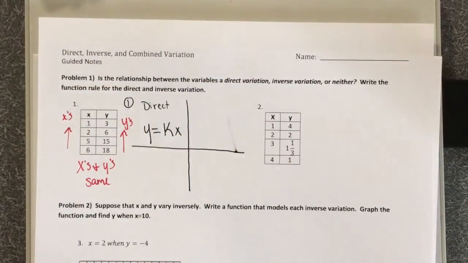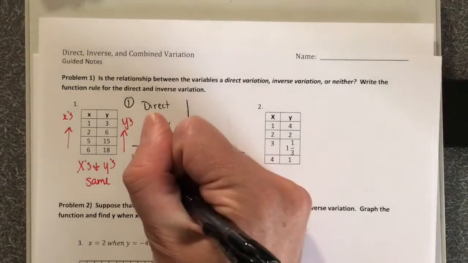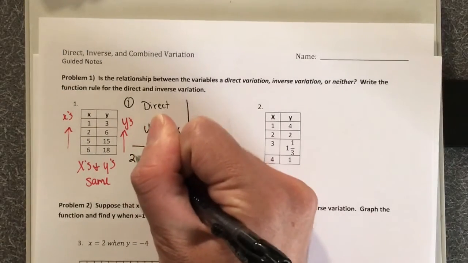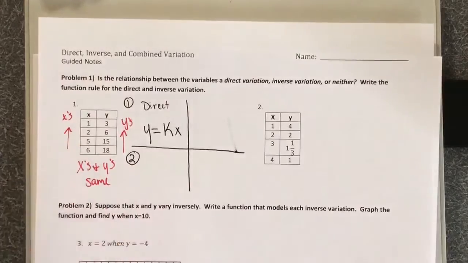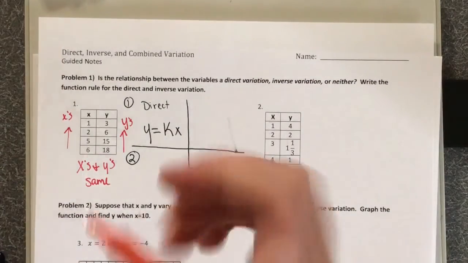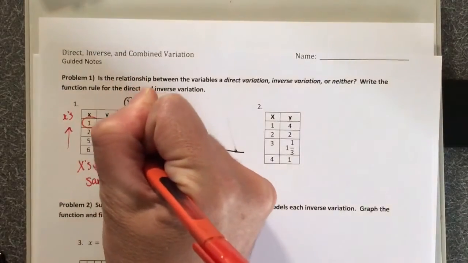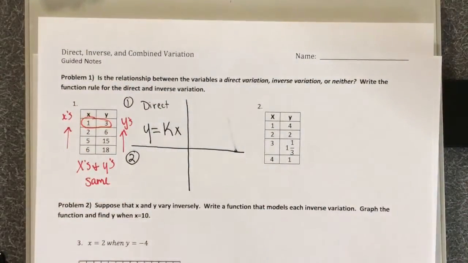Now we need to find out what k is. To find out what k is, we're going to plug in, and it doesn't matter which one we plug in. We can go with the top one here, this ordered pair. When x is 1, y is 3.